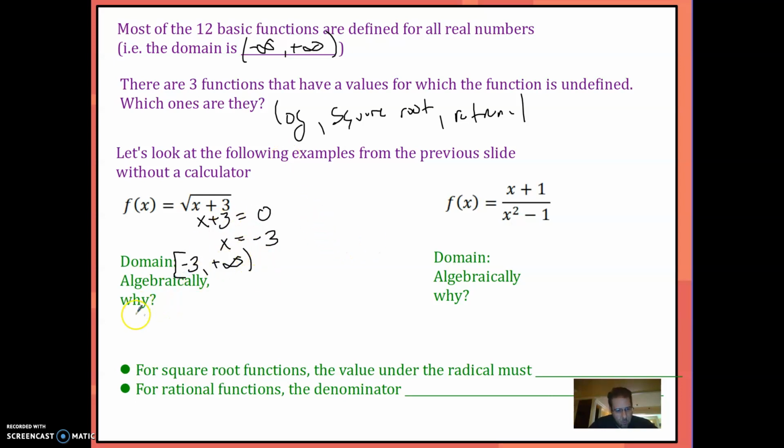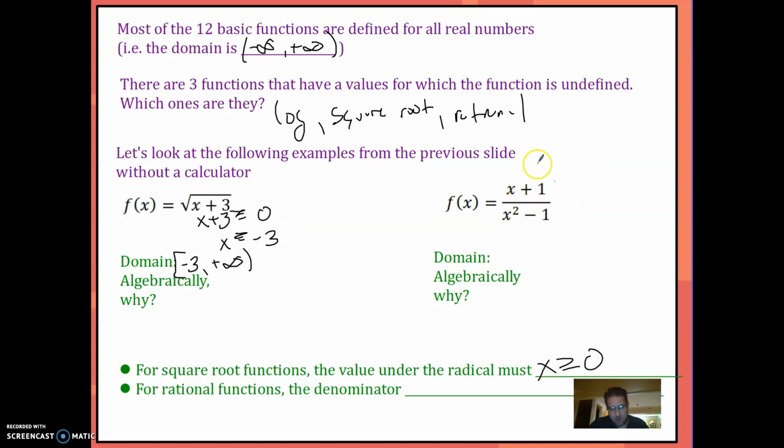There is a reason for this, because square root functions have no negative. Which basically tells us that the expression under the root must always be greater than or equal to 0. Whenever you do a square root, you're never going to get a negative as an answer. That's the reason why we're setting it to greater than or equal to 0. So x is greater than or equal to -3.